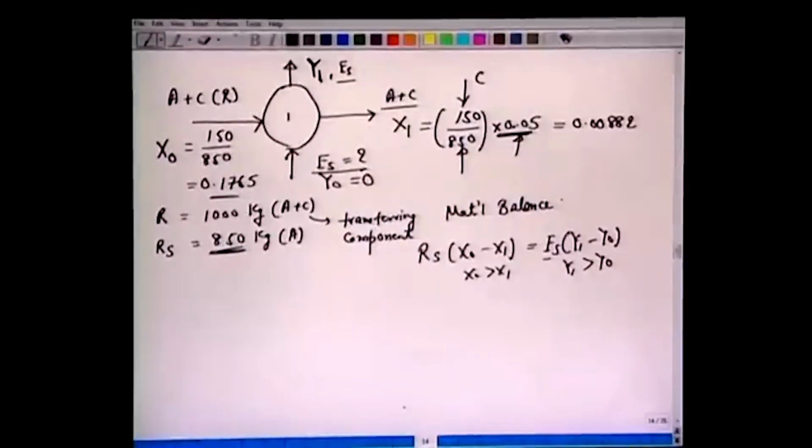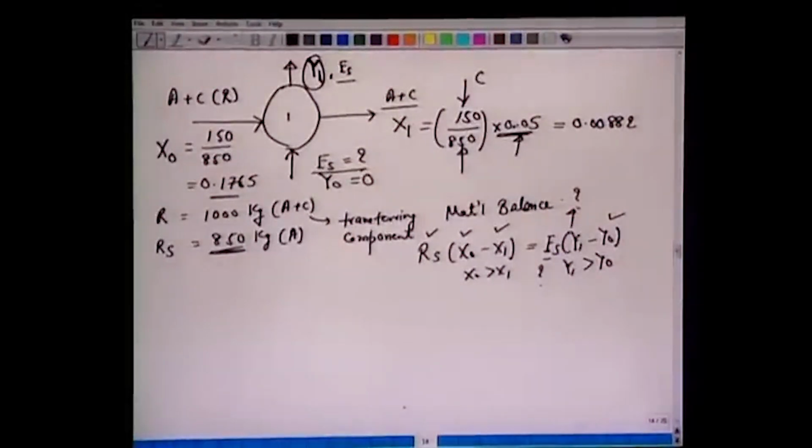So, of course, a very simple problem, everything is given here: RS is known, x0 is given, x1 is given, okay. Y0 is 0, and we have ES; the question is how much amount of ES is required. So, this ES is unknown, and Y1, the mole fraction of the exit concentration, is also unknown here. What we have done here is a simple material balance, in equal to out.